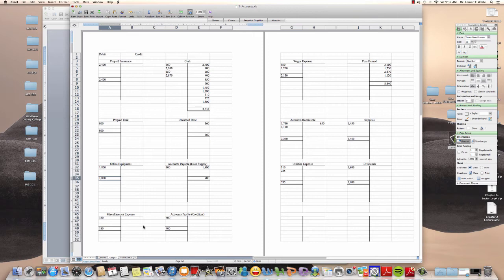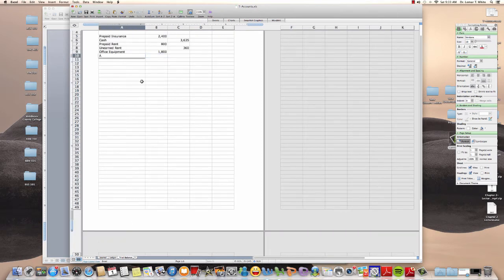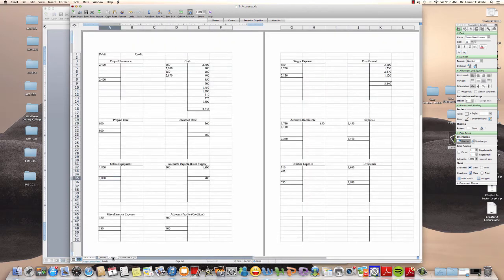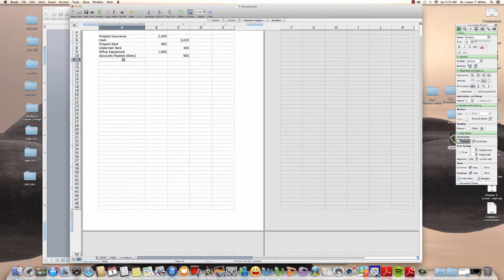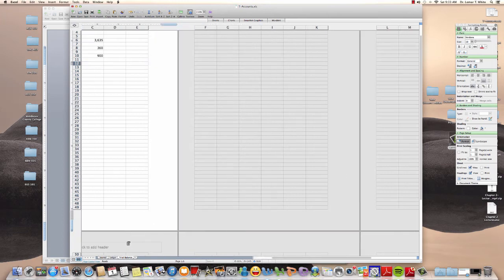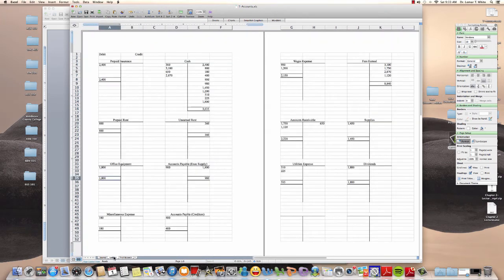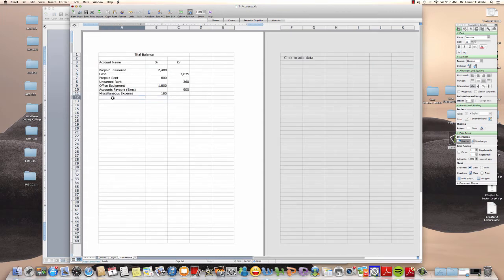All right. Accounts payable, executive supply, $900 on the credit side. Miscellaneous expense, $180 on the debit side. Accounts payable, $400 on the credit side. On the debit side, sorry.